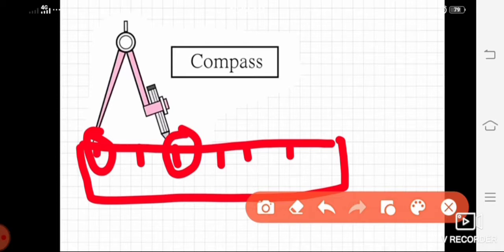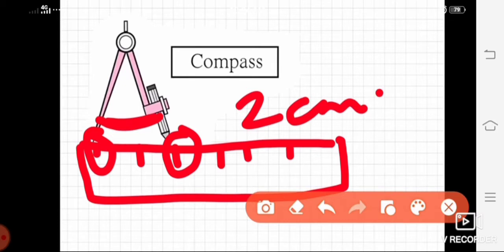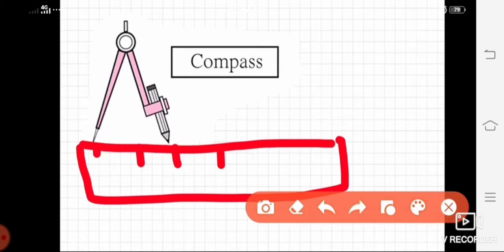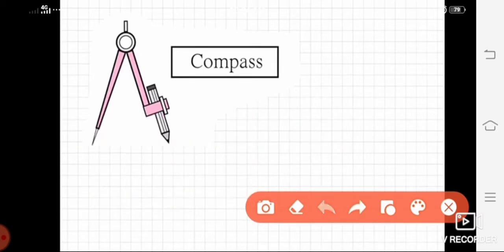So the distance of this compass is 2 centimeter. In this way you can take the measurement with the help of the scale, and then you are able to draw different arcs and circles at that particular distance.